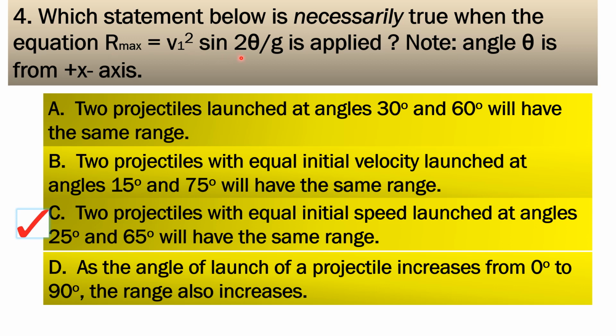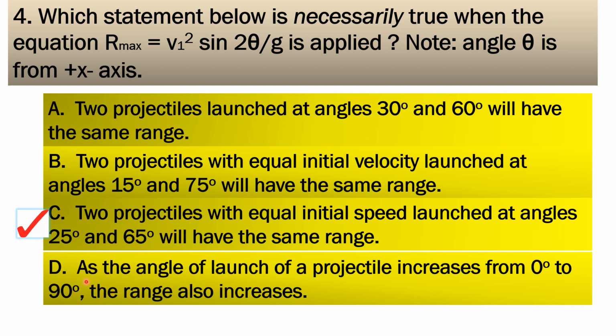And then, beyond 45 degrees, up to 90, 90 not included, again it's exclusive, what happens to the range? The range in fact decreases. As the angle approaches 90 degrees, there will be no more range, isn't it? So that statement in option D is not exactly true.